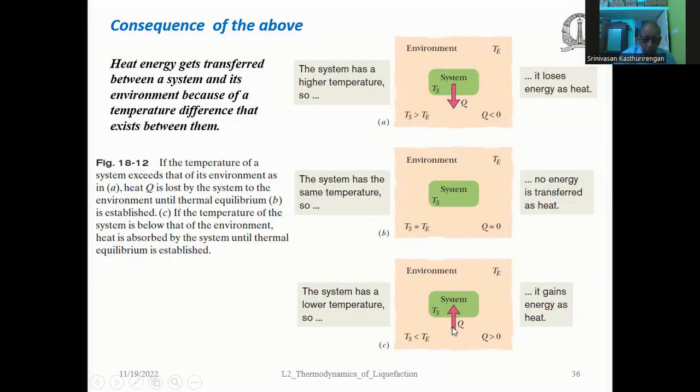Similarly, if the system is at a low temperature and you keep it at room temperature, then it will warm up and come back to room temperature. If the system has the same temperature as the environment, the temperature is not going to change. This is all it means.